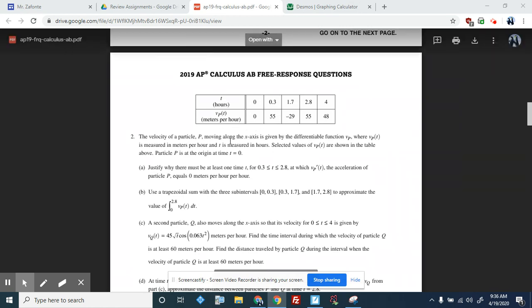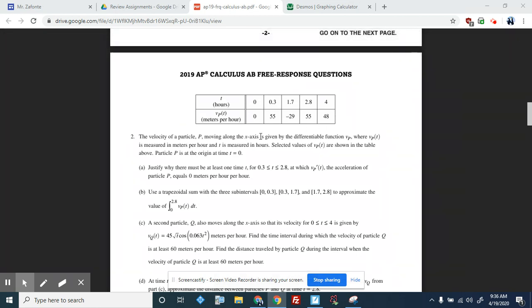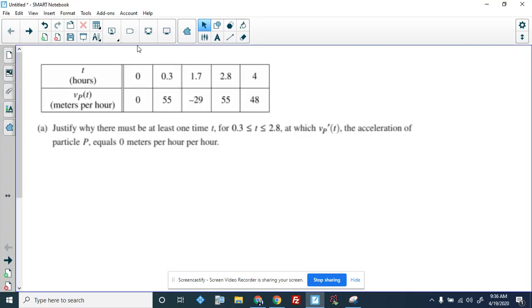It gives you the unit, meters per hour. T is in hours, and selected values are given. Then this is another huge bit of information: it says that particle P is at the origin at T equals 0. So let's break down what they're giving us.